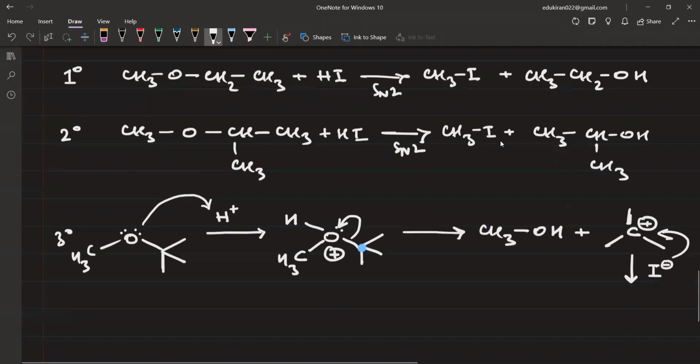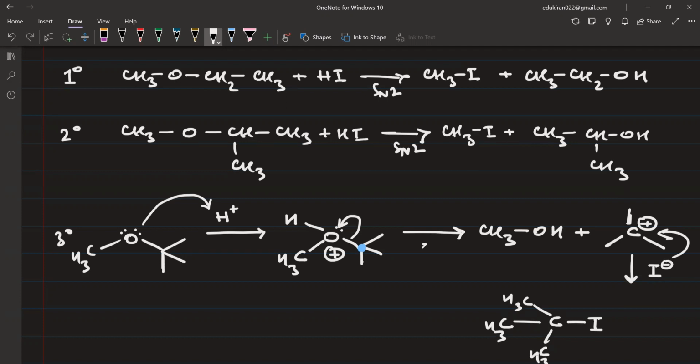It will attack, and it is going to form carbon with 3 CH3 groups and iodine. And this happens via what? This happens via the SN1 mechanism. Formation of carbocation, then we have the attack of the nucleophile. And this is also one of the most favorite questions of NCERT and also CBSE in the ethers portion.